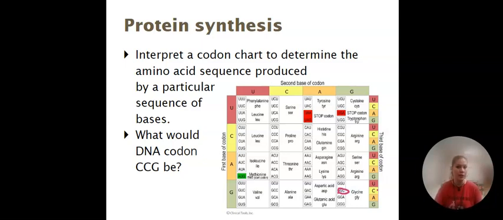One thing I'd like to point out here is that we have multiple codons, so CCU, CCC, CCA, CCG, right? So we have 4 different codons that all give us the same amino acid. This is really important because when it comes to spelling mistakes or DNA mutations, not all of those mutations are seen in the phenotype of the organism because, right, even though you have a mutation, you still got the correct amino acid.